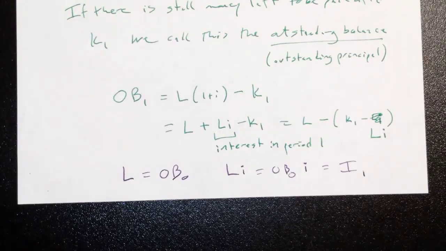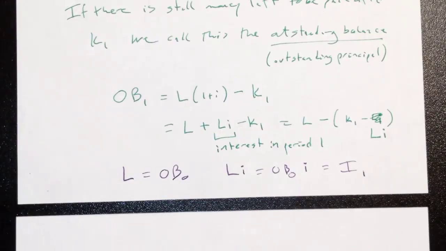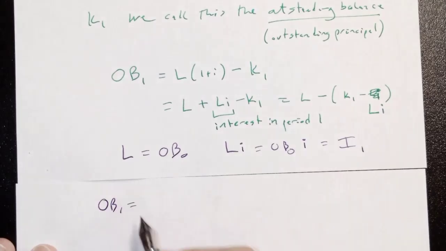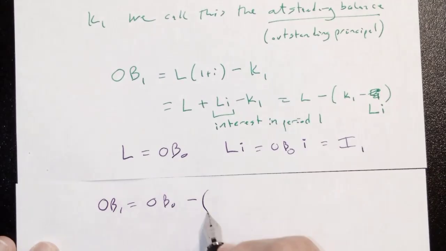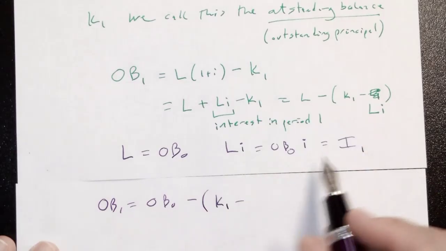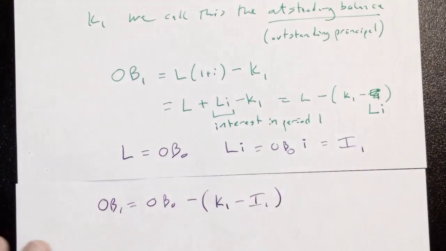And then this equation right here about OB1 is OB0 minus K1 minus Li, K1 minus I1.